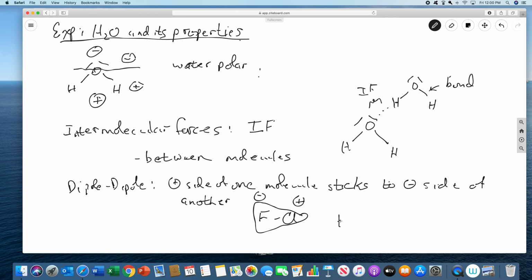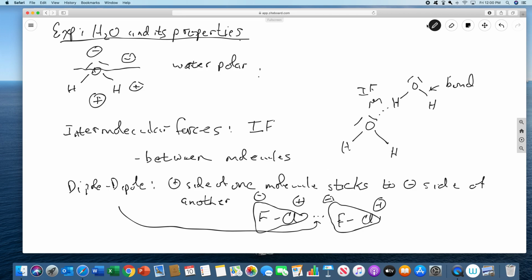If I had another FCl right here, again, this is the negative side, the fat part, because the electrons are pulled more that way. That'd be the negative, and this would be the positive. And this interaction here, I'm going to draw with dots, that would be the dipole-dipole interaction. So any polar molecules will stick together through dipole-dipole interactions.